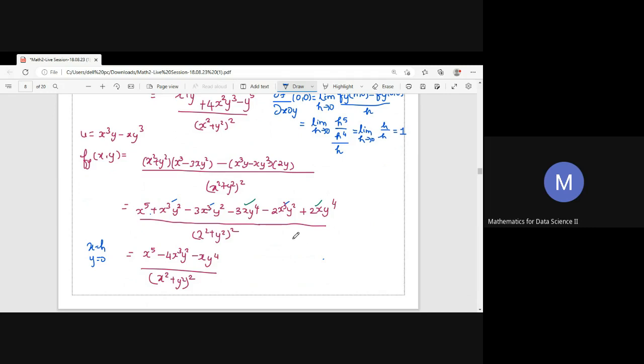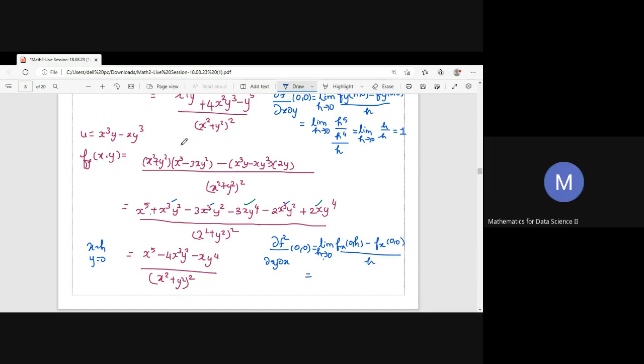Okay. Now let us look at what is dou squared f by dou y dou x at the point again (0, 0). Now can you again tell what is the limit formula here? For fx function: fx of (0, h) minus fx of (0, 0) by h.